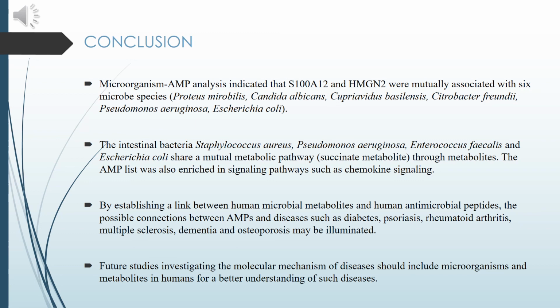The AMP list was also enriched in signaling pathways such as chemokine signaling. And here, by establishing a link between human microbial metabolites and human antimicrobial peptides, the possible connections between AMPs and diseases such as diabetes, psoriasis, rheumatoid arthritis, multiple sclerosis, dementia, and osteoporosis may be elucidated.